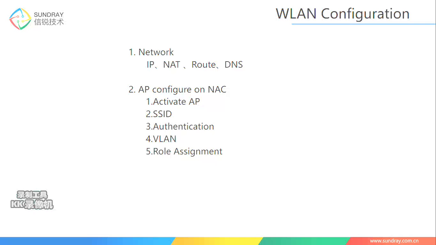No, just a standalone AP. For a standalone AP, I think it's easy to configure. It's just like a consumer level router. It's very easy. You just set up the SSID and set DHCP on the access point.